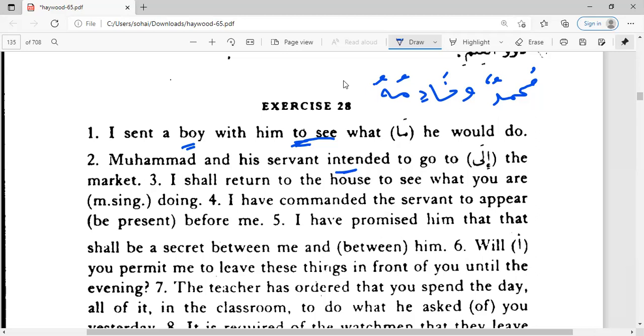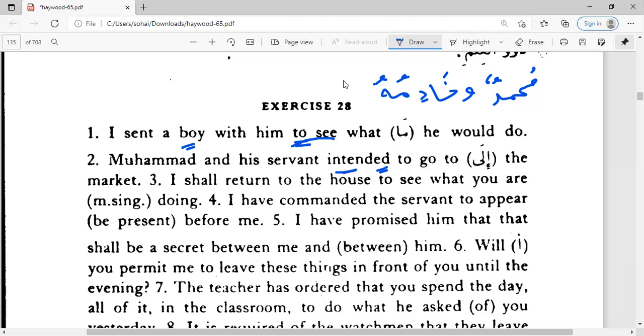Yaqsuda. No. Why yaqsuda? Is there two people? So intended is past tense, and there are two people, Muhammad with his servant, so it should be with the alif at the end. So what would it be?